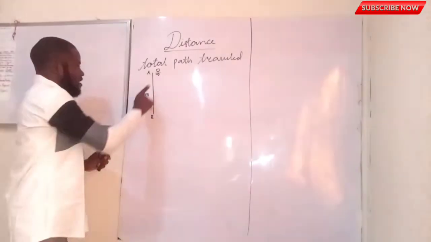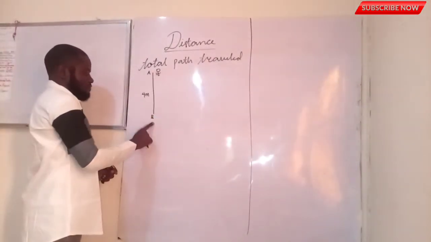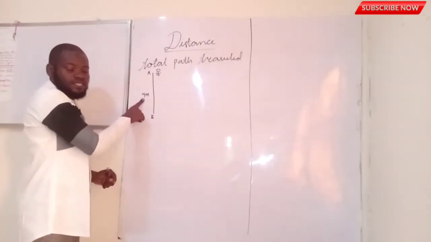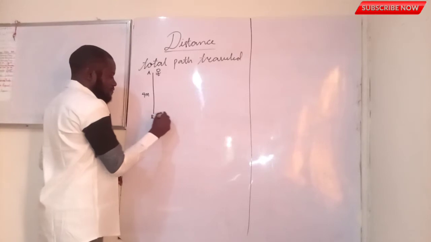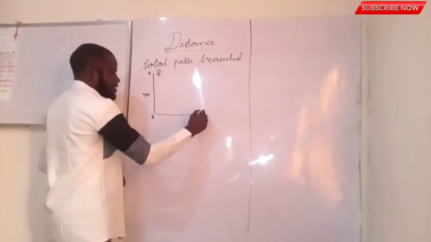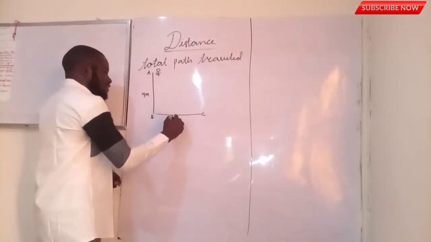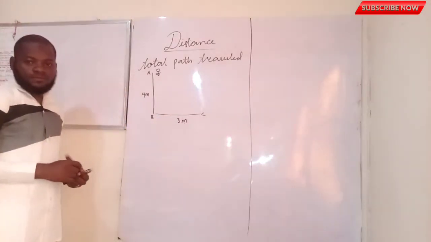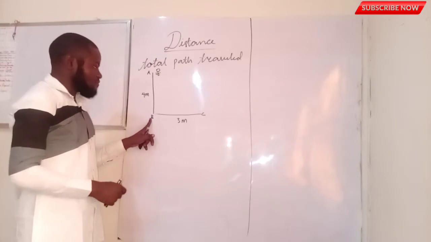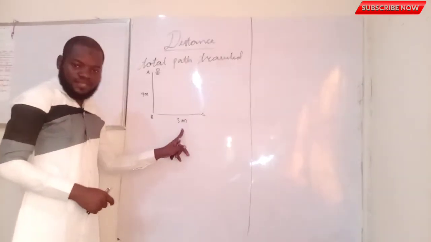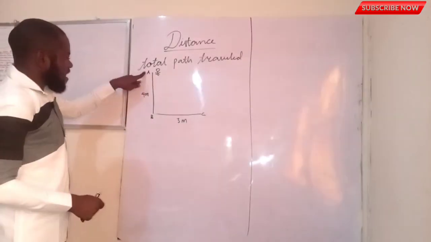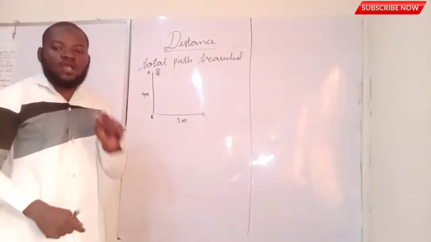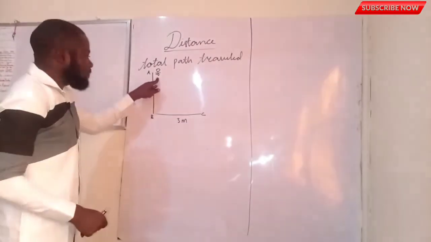Now, if a body moves from A to B, whose gap between A and B is 4 meters. Then this same body now moves down to C. And the distance between B and C is 3 meters. Now, if the question says, what is the distance covered by the body?